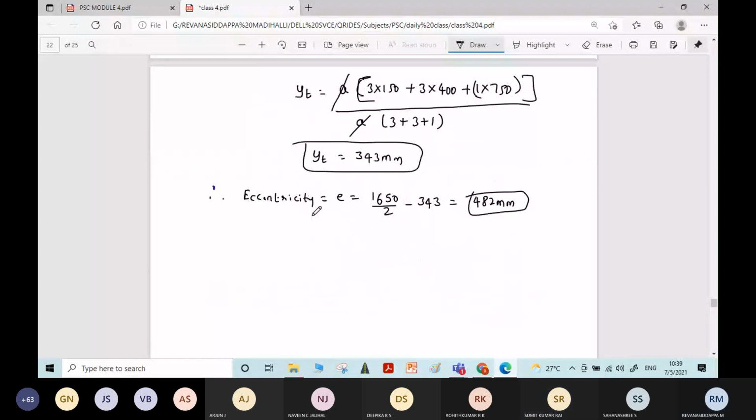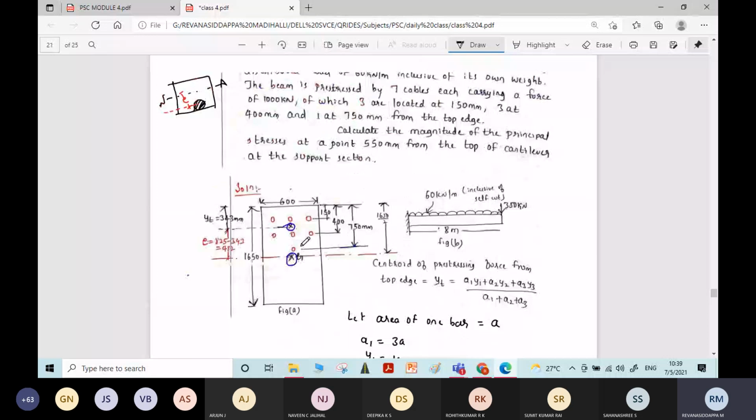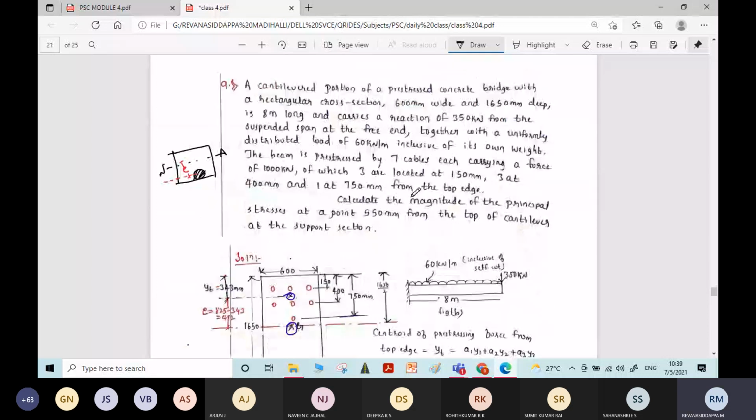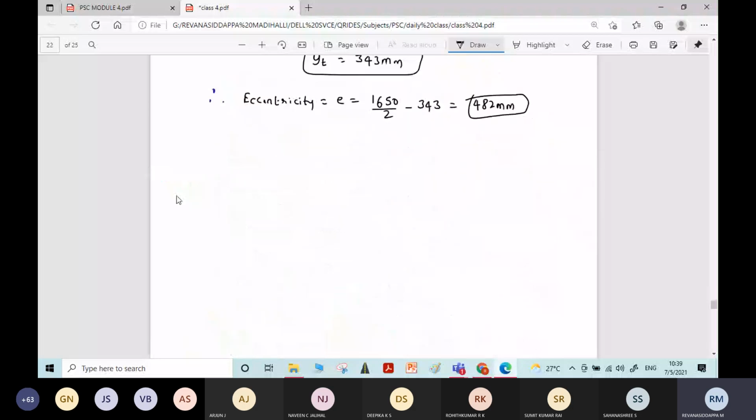Now, it is said that there are 7 cables, each carrying a force of 1000 kilonewton. Each cable is carrying 1000 kilonewton, and there are 7 cables. Therefore, the total pre-stressing force is equal to the number of cables times the force per cable.